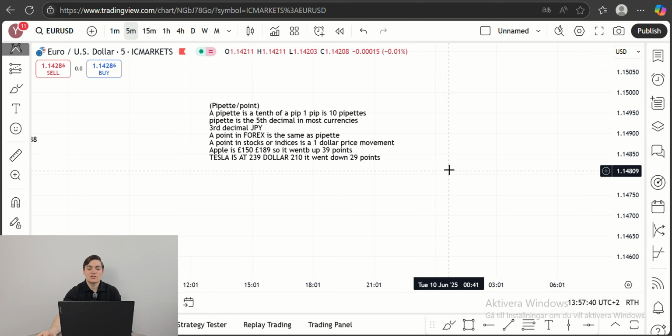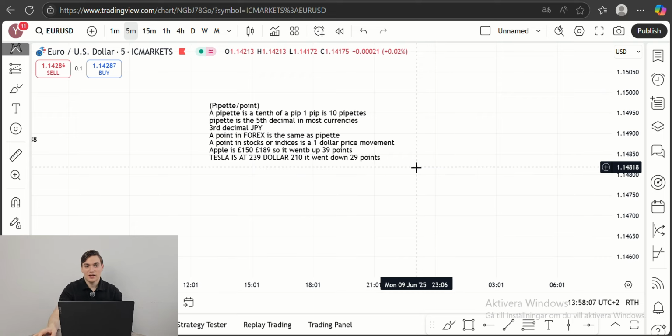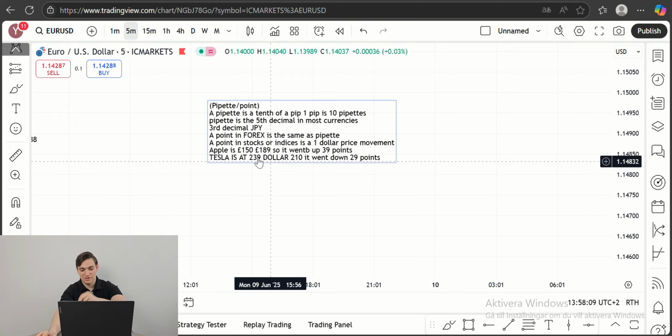Now let's go to pipette and point, because if they didn't make pip already complicated, they had to add those two. So what is a pipette? A pipette, the only thing it is, it's a tenth of a pip. So 1 pip equals 10 pipettes. Okay, so the pipette will be the fifth decimal on the currency, and in the Japanese yen the third decimal.